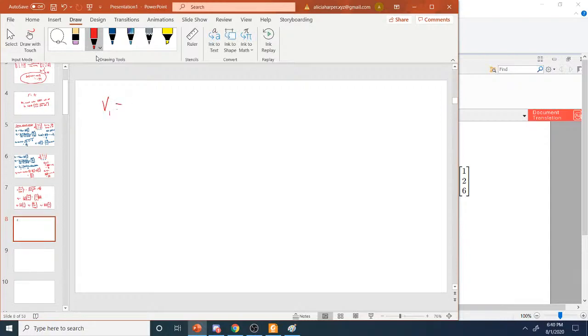V1 is equal to the magnitude of V1 times U1.